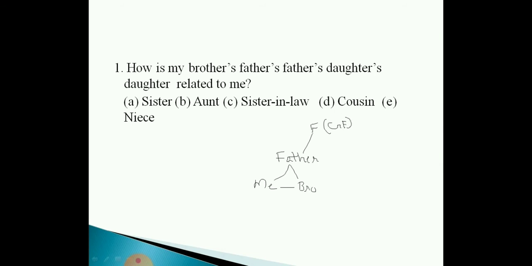How is my father's daughter's daughter related to me? That father has a daughter, and that daughter has another daughter. That is what is given in the question. My father's sister's daughter is my cousin.